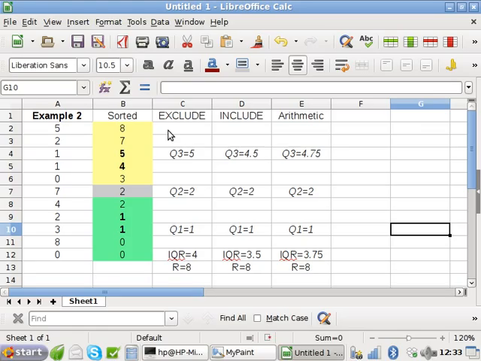Right, so actually, I should say, by the way, these questions here are very, very common Section A questions. In the exam they give you a list, and they ask you usually for the upper quartile, the lower quartile, the median, the range, and the interquartile range. Once you put the list in order, it's very quick to do all of these.